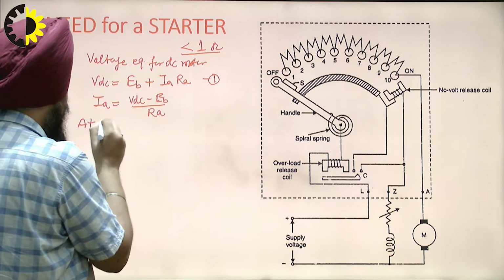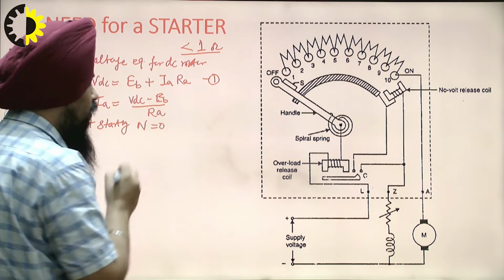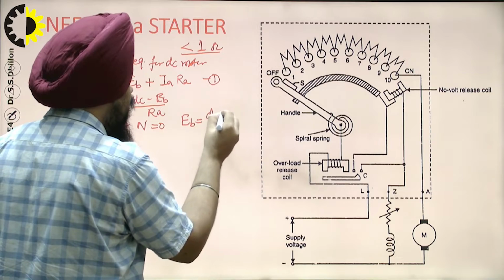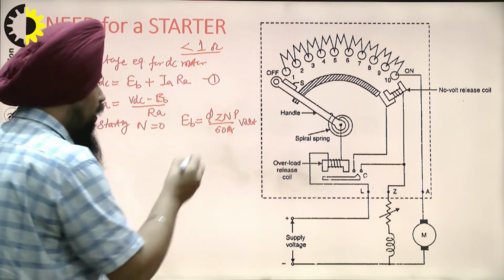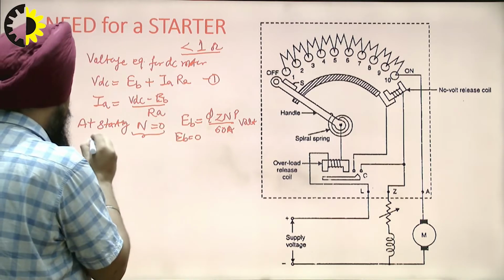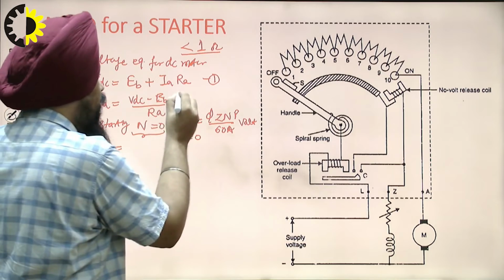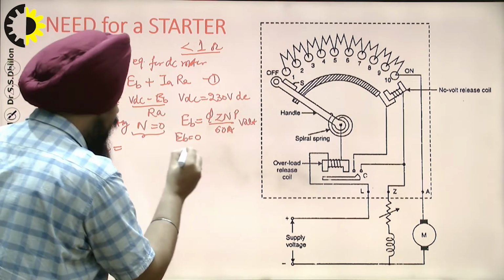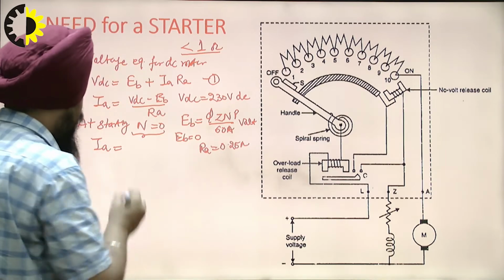At starting the speed of the motor, the rotor speed, is 0, and we know the back EMF induced in the DC motor is phi Z N P upon 60A volt. Since the speed is 0, the back EMF equals 0. Then I_A is V_DC, the supply voltage, approximately 230 volt DC, divided by the armature resistance, which I'm considering as 0.25 ohm, just as an example.